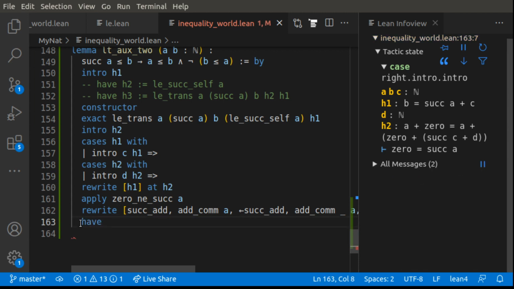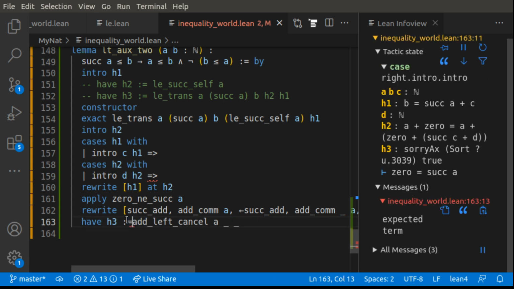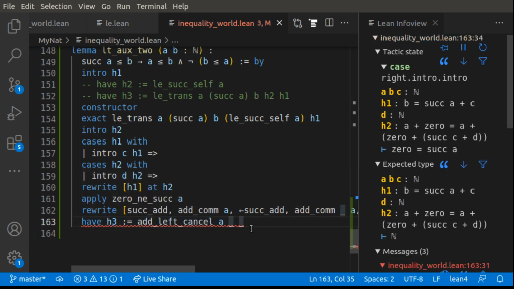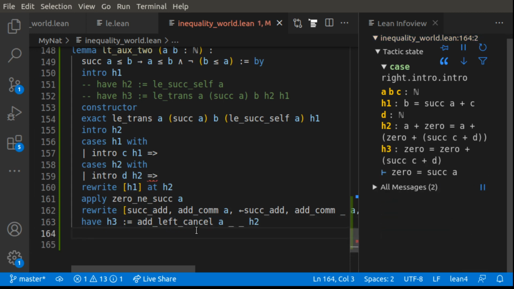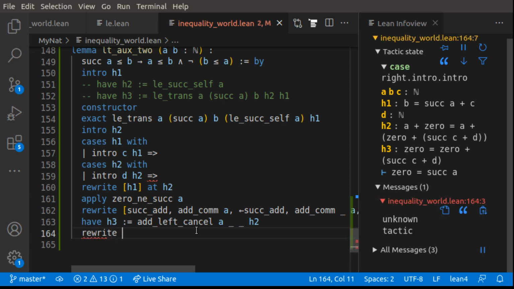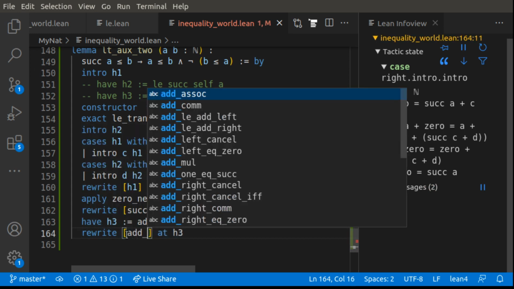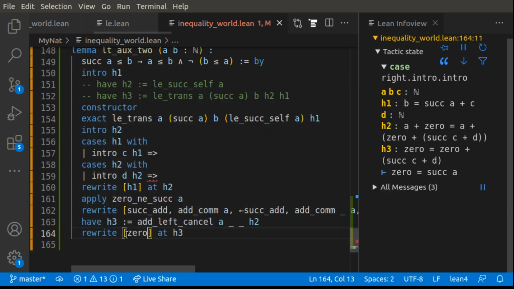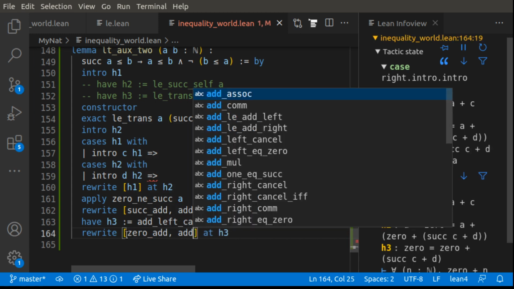Have, I don't know, H3 be defined as add left cancel this H2. What is our H3? 0 equals 0 plus successor plus D. Huge. Rewrite at H3 at 0 add successor.